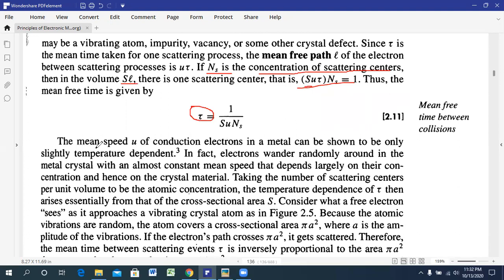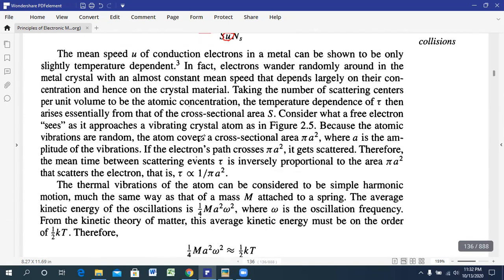Now look, the mean speed U of the conduction electron in a metal can be shown to be only slightly temperature dependent. That means this U depends only slightly on the temperature. Now we know that if the electron's path crosses this cross sectional area pi a square, it gets scattered. So the mean free time tau is inversely proportional to the cross sectional area pi a square.